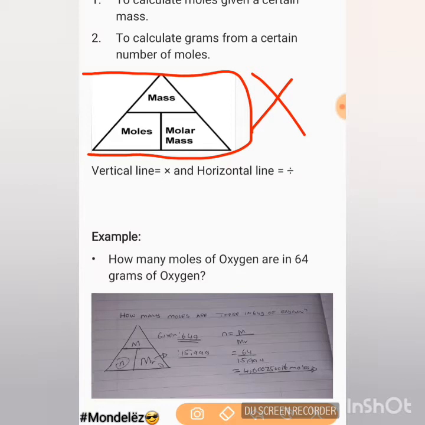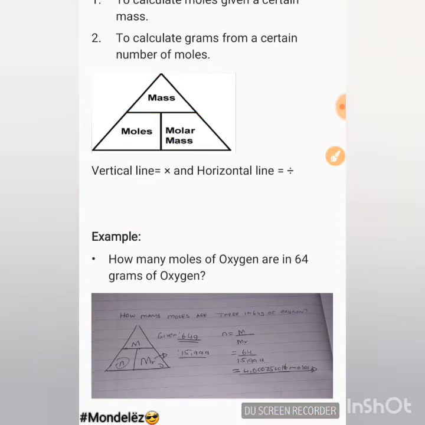It doesn't matter which one you use as long as you get your correct answer. So this vertical line here simply means you multiply, and this horizontal line here simply means you divide.